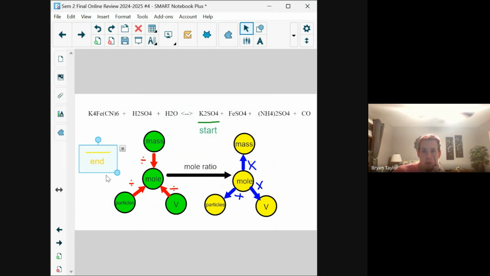We need a different one, though, so don't say K2SO4. Okay, we do that. Perfect. They're 2 different chemicals.